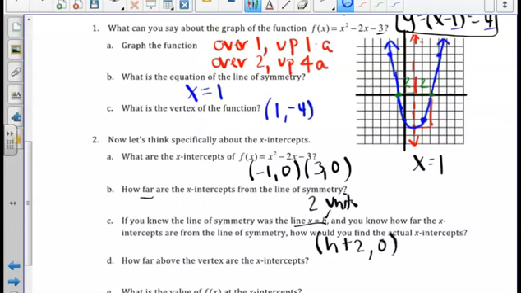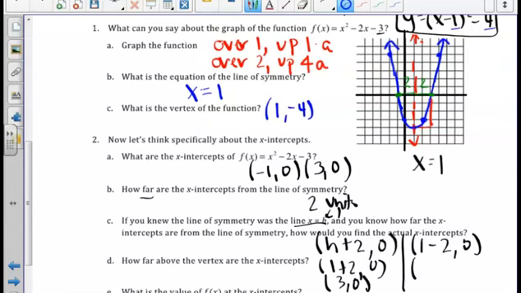So in our case, h was 1. If we plug 1 in, we notice that one of our x-intercepts checks, 3, 0. Likewise, if we plug in the h, which was 1, and subtract 2 from it, you will notice that we get our other x-intercept, which is negative 1, 0.